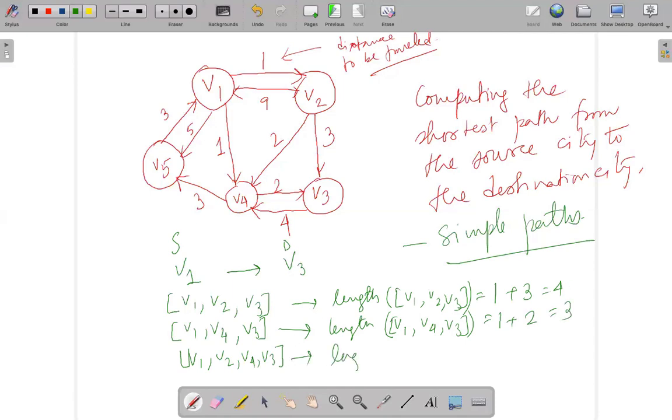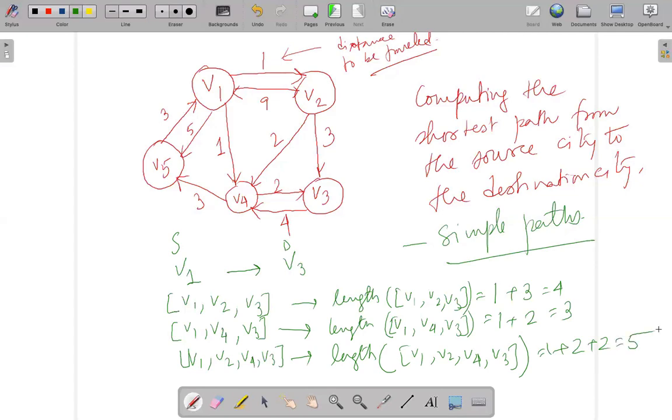And this one, V1, V2, V4, V3, is 1 plus 2 plus 2, that is 5.